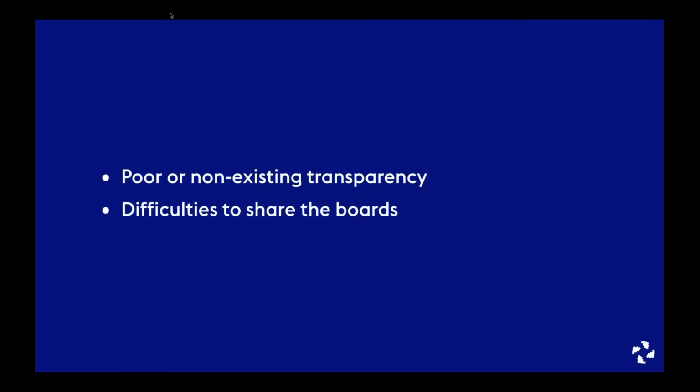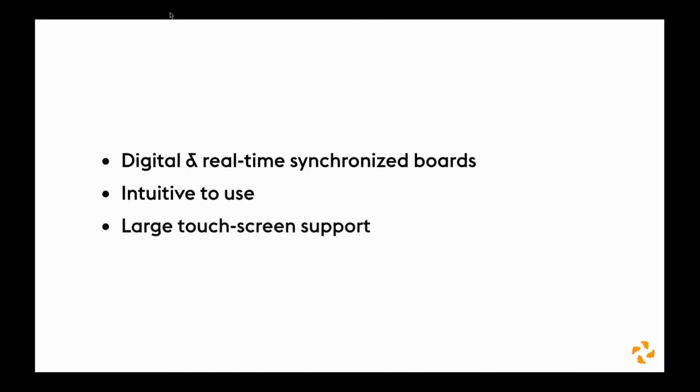So we defined 3 values on which we wanted to build the PI planning app: digital and real-time synchronized boards, an intuitive to use application so everyone can concentrate on planning and the conversations that come out of it, and an application that is compatible with most big size touchscreens for even better collaboration.